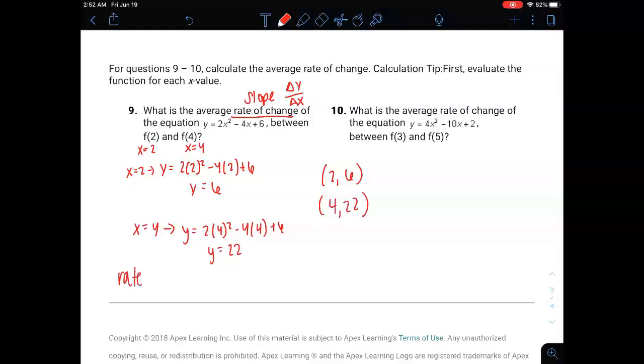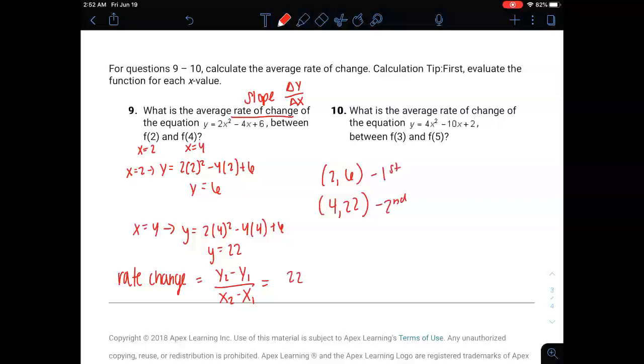So my two coordinates are (2, 6) and (4, 22). My rate of change is my slope, so I'm looking for y2 minus y1 over x2 minus x1. Let's make this my second point and this my first point.